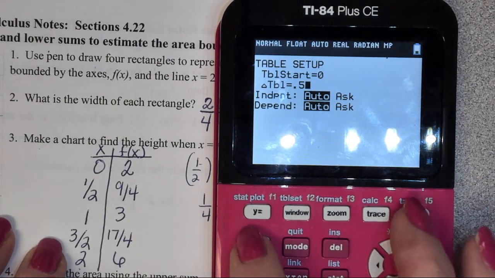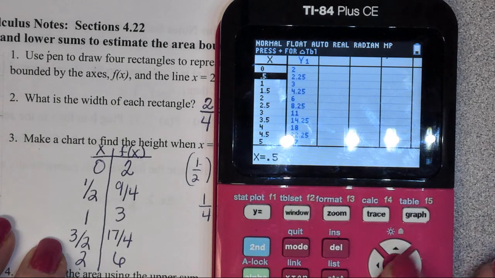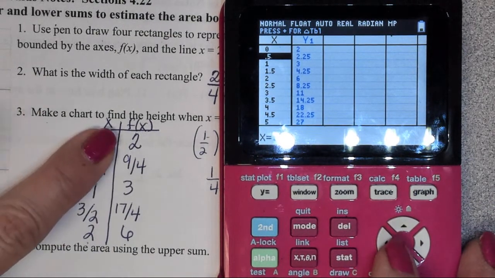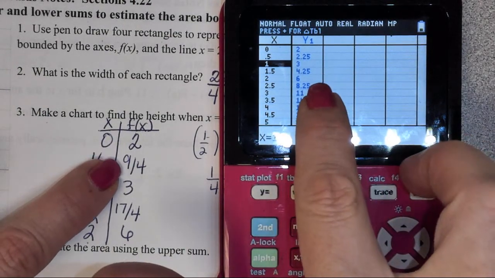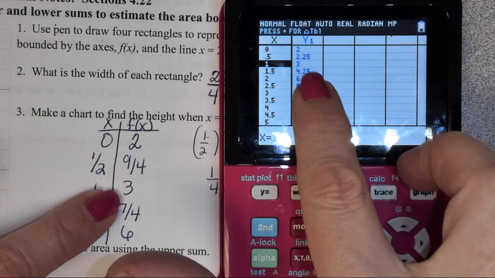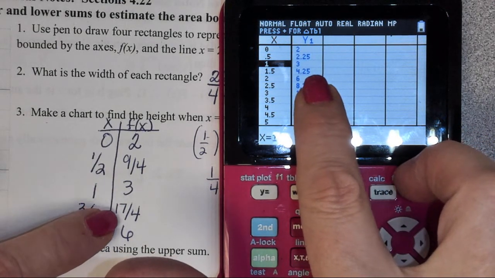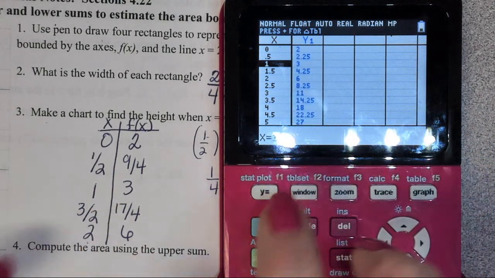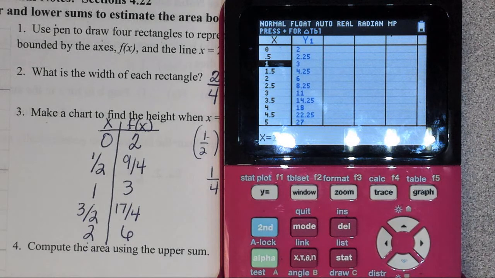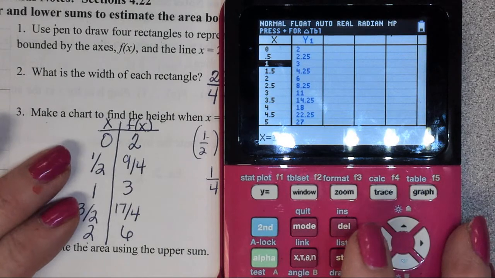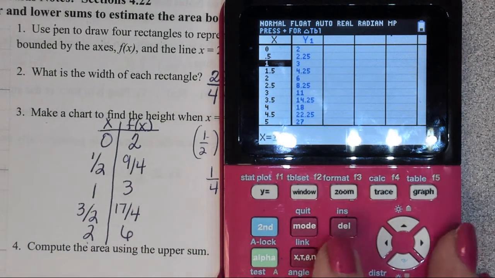Now when I go back to my table, see how now it's going to give me all the answers for all those 0.5s? So I've got 2, and then my answer I came up with was 9/4, that's the same. 4.25 is the same as 17/4. So see how now I can check my answers there. Or I could not even do it in my head, I could just get the answers from here.